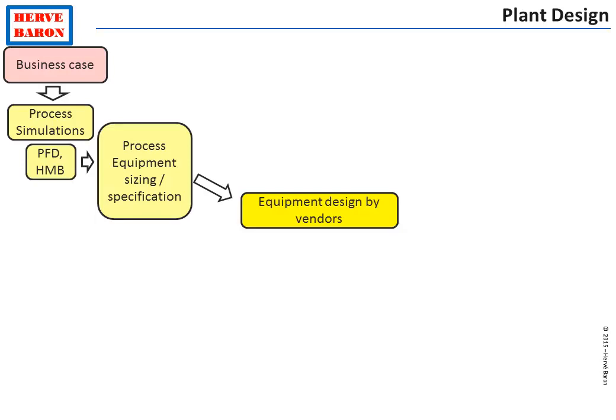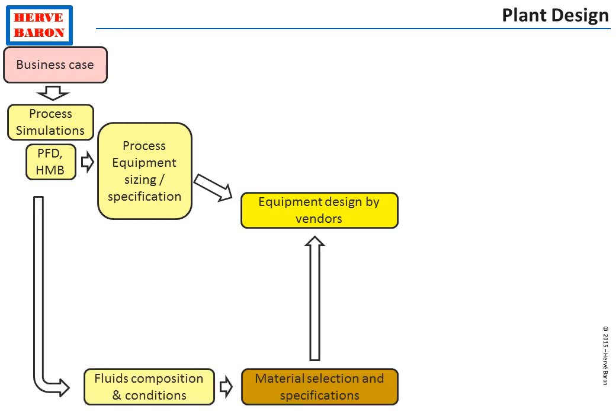This is defined by another discipline, the material selection and corrosion specialist. He works from the list of fluids and their composition and condition in the various parts of the process. Based on calculated corrosion rates, he defines the material of construction for the various equipment and pipes of the unit.